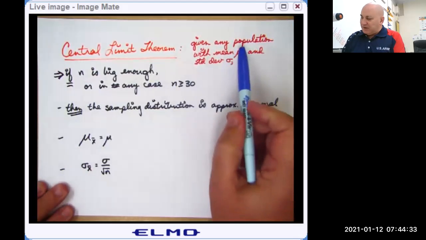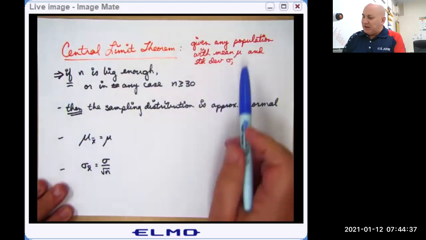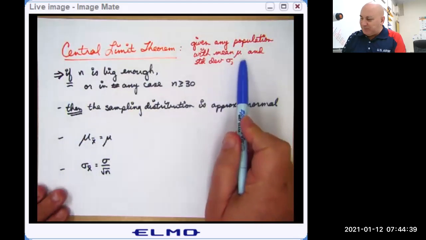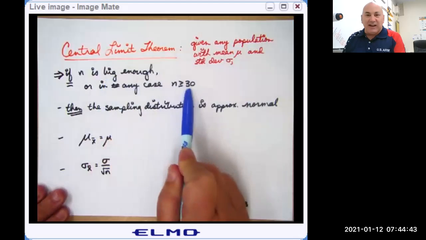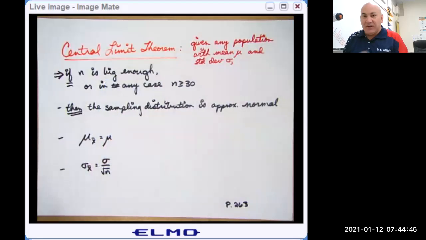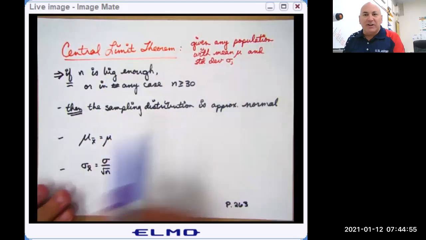Okay, so this part here is kind of our introduction. Given any population with mean of mu and standard dev sigma, if n is big enough, or in any case greater than or equal to 30, then 3 things happen. First, your sampling distribution will be approximately normal.